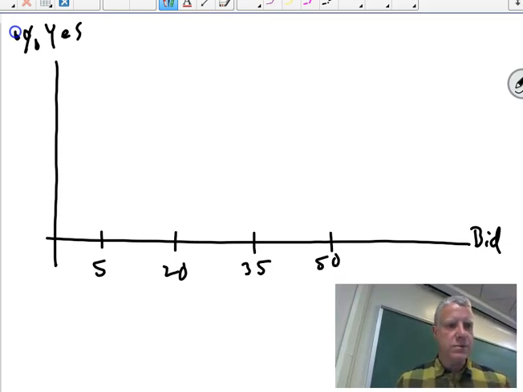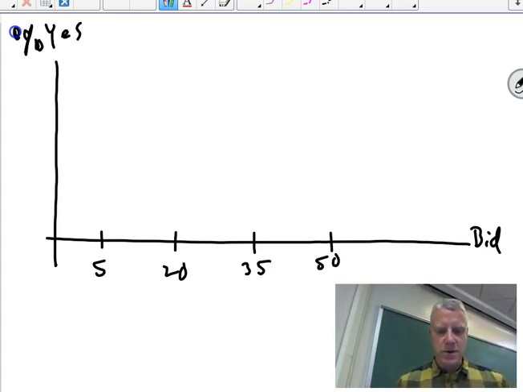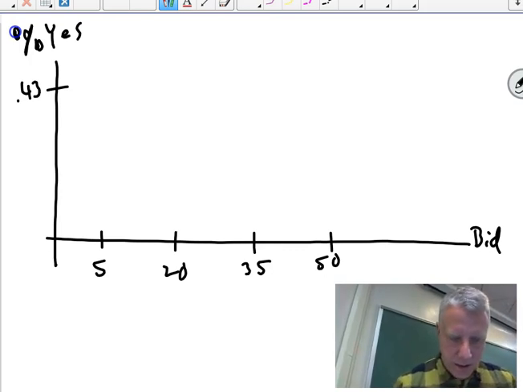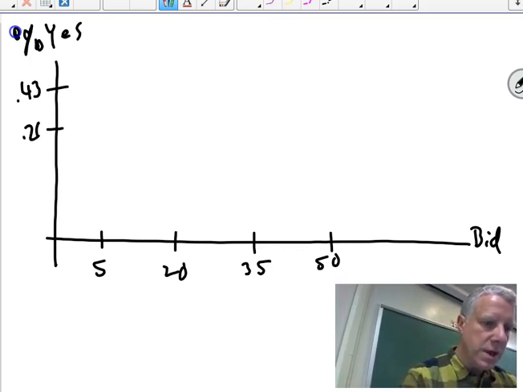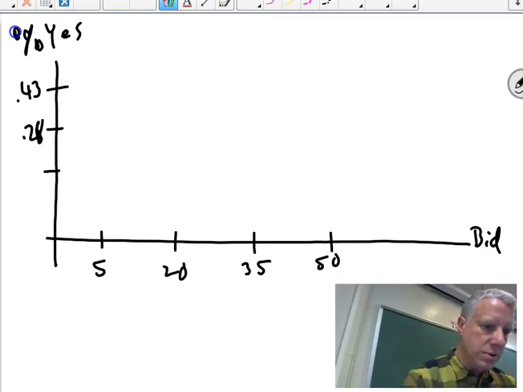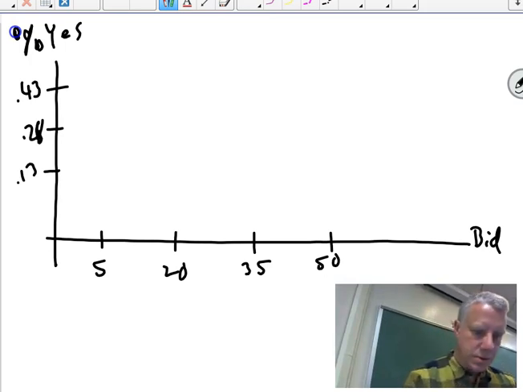When they fish, they don't try to catch Red Drum. And so it makes sense that they're willing to pay less for a Red Drum stocking program. So the percentage yeses go from 0.43 to 0.28 to 0.13, and then back up to 0.19.